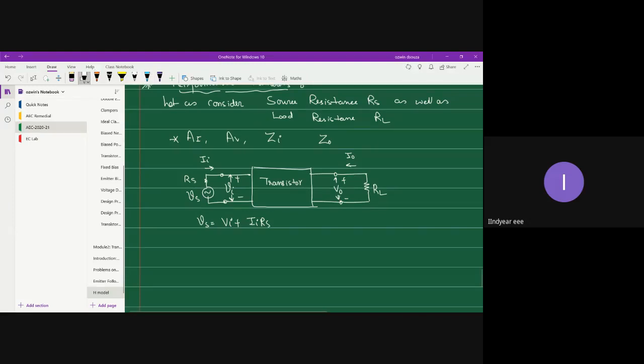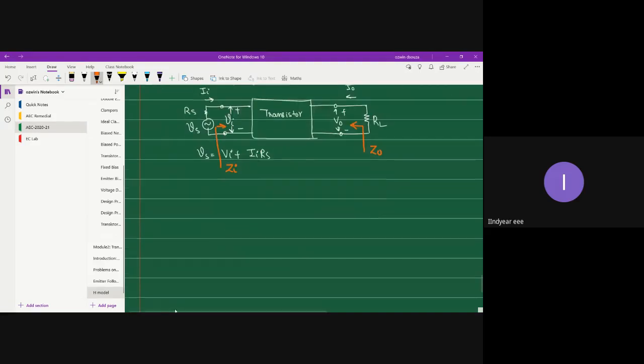Fine. Now we need to determine the various performance parameters, right? So let us mark the different performance parameter locations. This is Z naught, and this is your Zi, right?